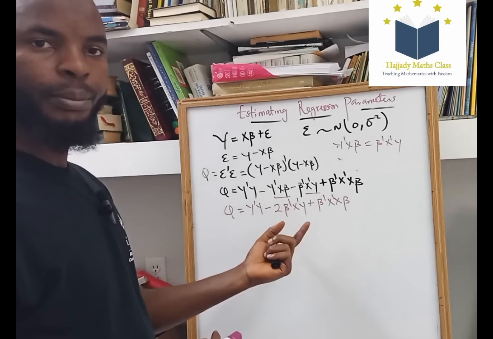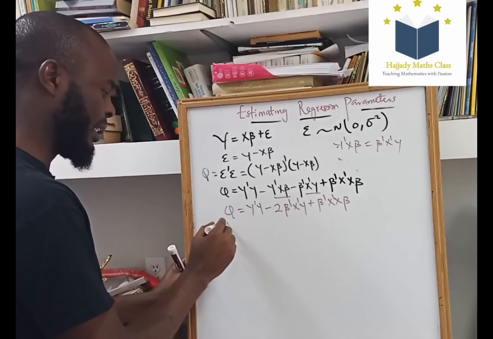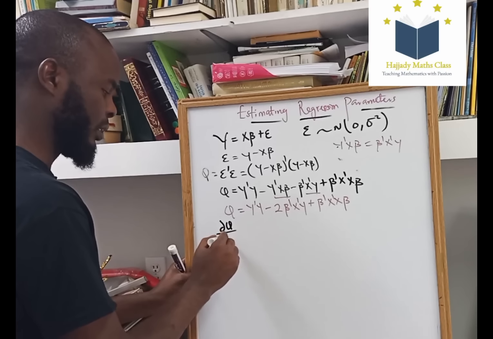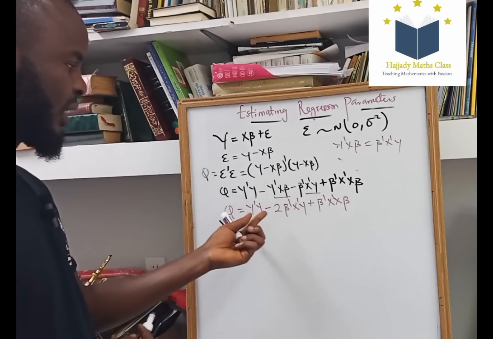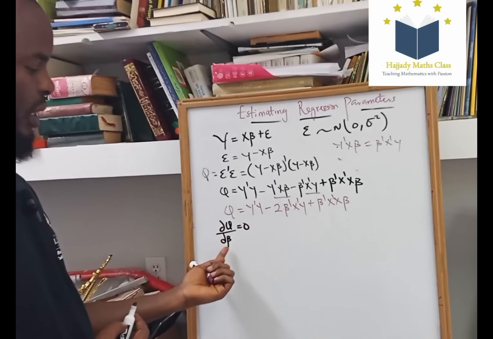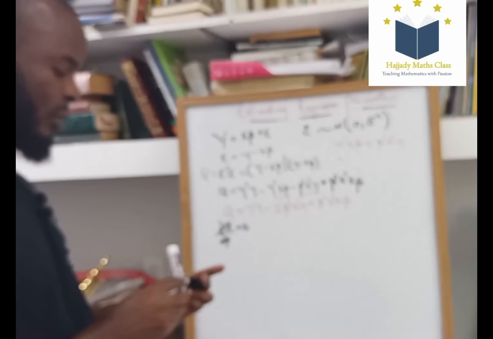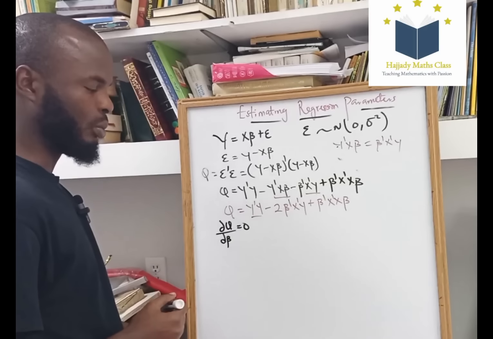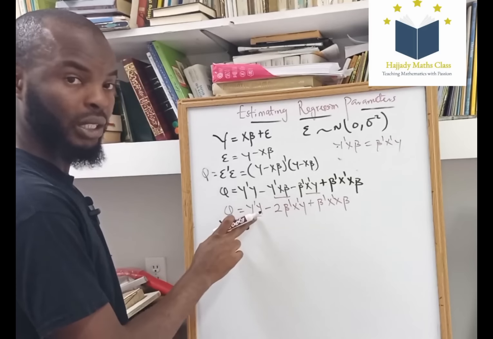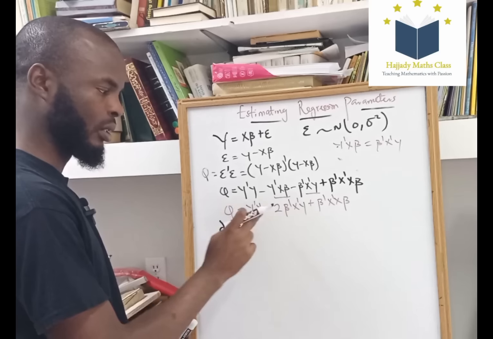From this equation, we're going to differentiate with respect to the parameter we want to estimate, which is β. So here, I'm having my dQ by dβ. I'm going to differentiate this Q with respect to β and equate the answer to 0. Differentiating this with respect to β, there's no parameter here, so it's going to be 0.